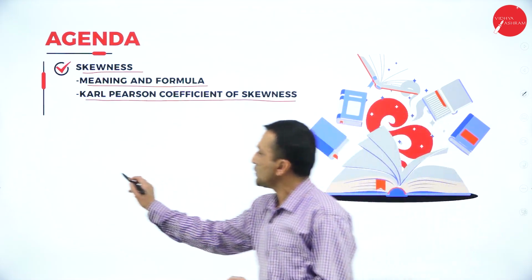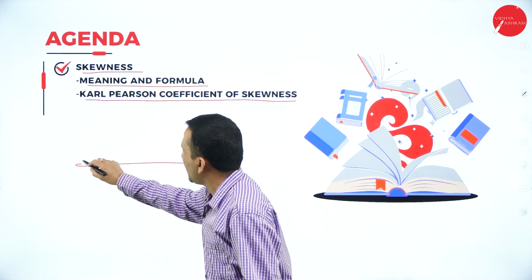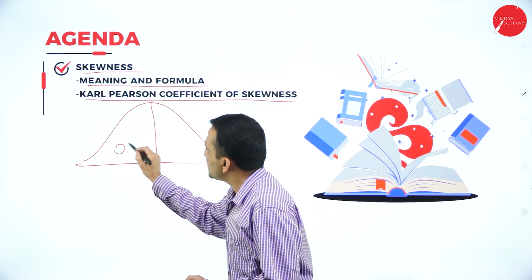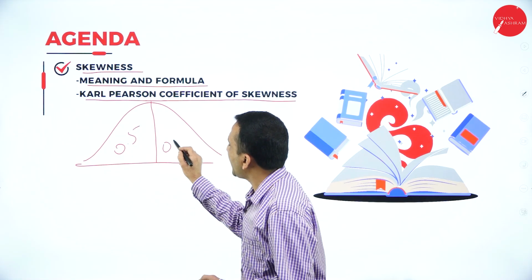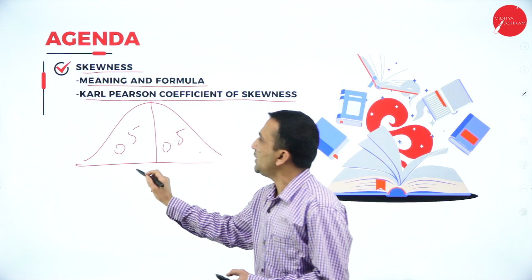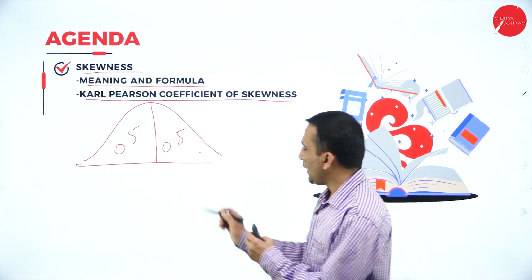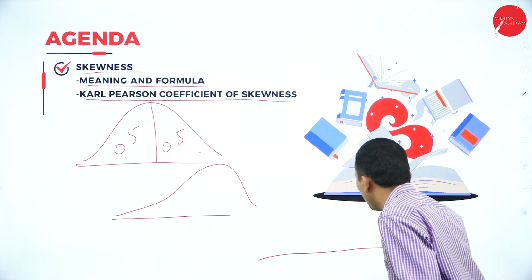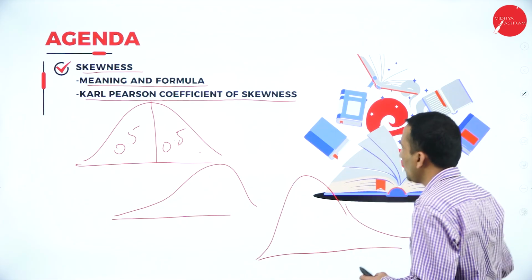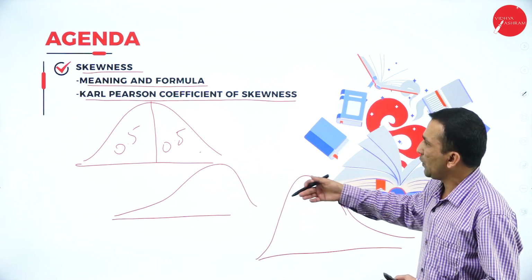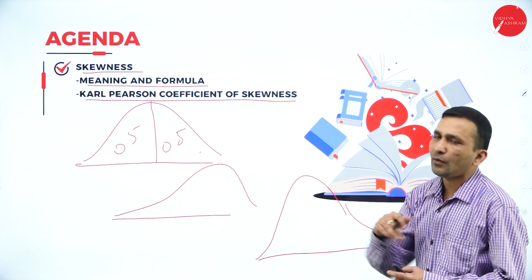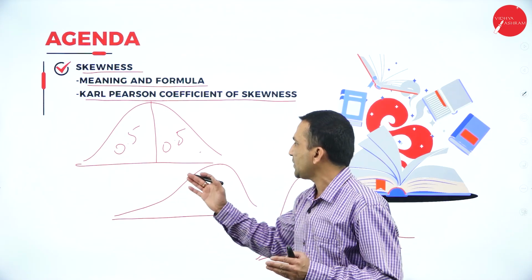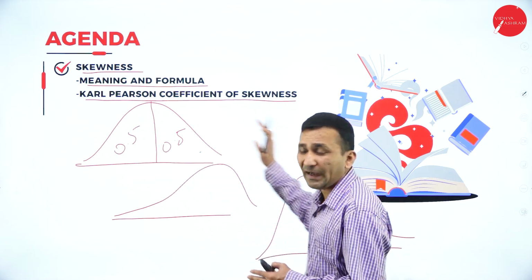What exactly is skewness? See, when you look at a graph which is equally divided, 0.5 on the left side and the right side also, that is nothing but perfectly symmetric. In the case of negative and positive skewness, when you are able to identify this type of graph, you have to identify why we are using skewness, which shows the direction of the graph, left side or right side.